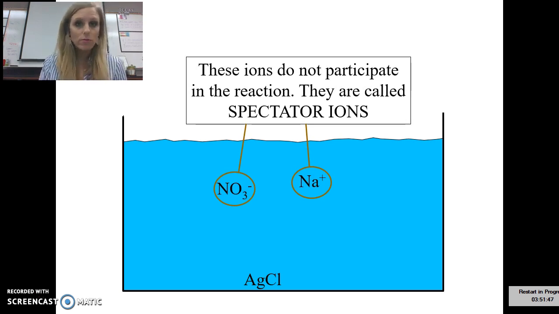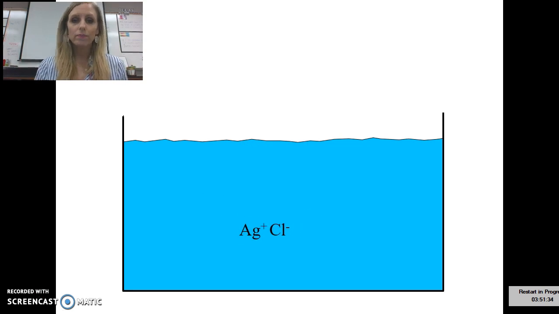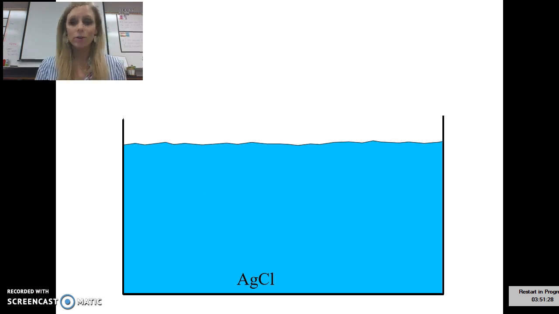They're just floating around, so we call them spectator ions. They're just sitting in the crowd watching the silver chloride do all of this work. Boom, you do have a product form. These are involved. These are not spectator ions, your silver chloride.